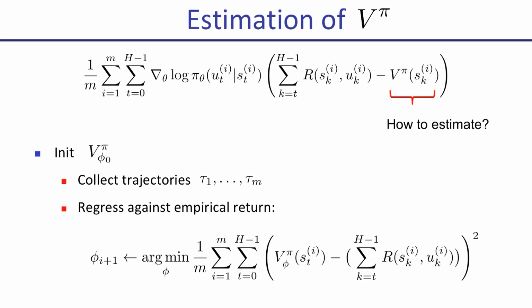So for all experience you have supervised learning data now. You had a state. You see how much reward you got. That's input state, output how much reward you got. That's a supervised learning problem. That's what we're trying to solve here. And so you can run an optimization here to find the best value function for your current policy. You can just farm that off to any kind of standard supervised learning thing that you have, and then use that value function in your policy gradient update.